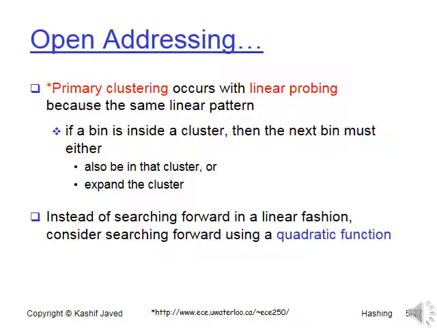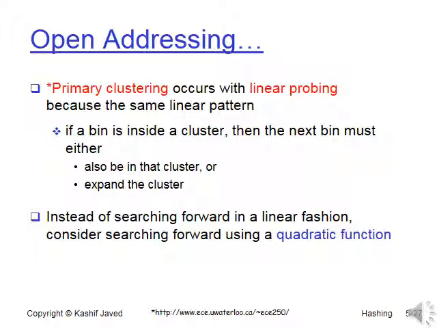Primary clustering occurs with linear probing because of the same linear pattern. If a bin or a cell is inside a cluster, then the next bin or cell must either also be in that cluster or expand the cluster by being placed at the end of the cluster.